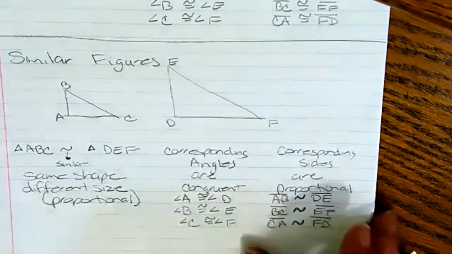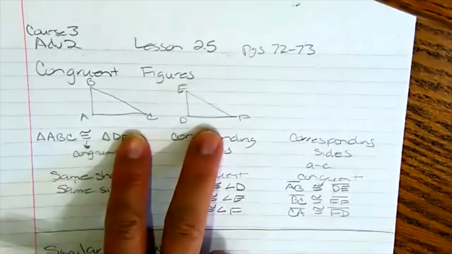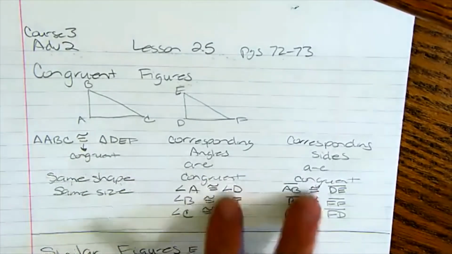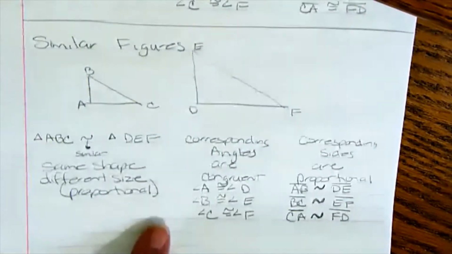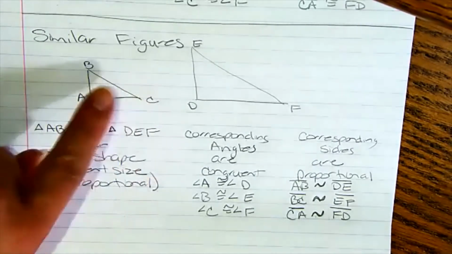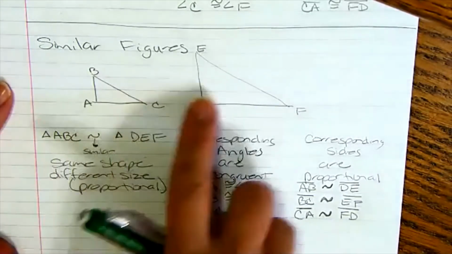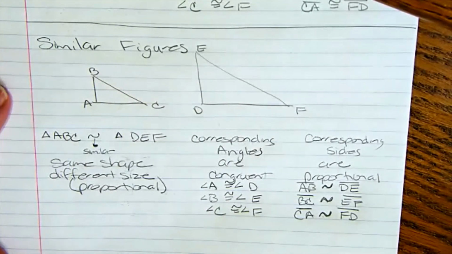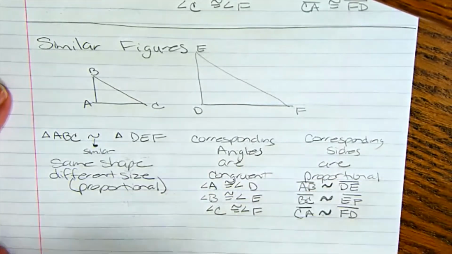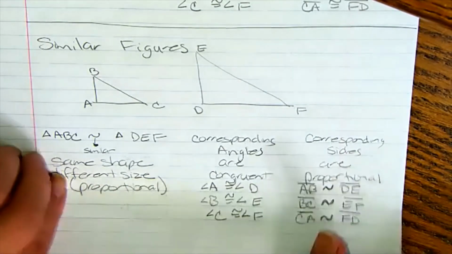Okay? So congruent figures, same size, same shape, all the corresponding parts are congruent. But in similar figures, same shape, different sizes but proportional, our angles are congruent, that means they're the same measurement, but our sides are proportional. They are similar. So what does all of that mean?